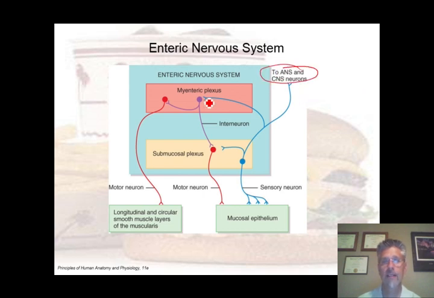So some feedback here, but we can see that it is working to control both the physical activity as well as secretions coming from the mucosa and things like that. So there's a submucosal plexus of it, a myenteric plexus. This one handles the muscle part, and it coordinates the activity between different organs, like from the intestine back to the stomach, etc. That type of communication.